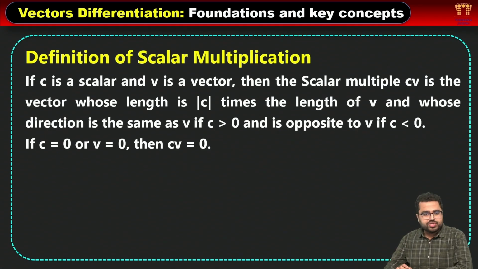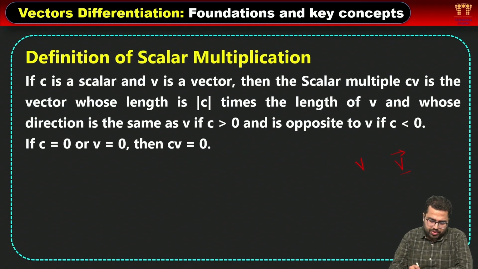Next I'll define scalar multiplication. Generally a vector is denoted by a bold-faced letter V, or we can put an arrow above that letter. In this way we can represent a vector. We can also multiply this vector by a scalar quantity. Suppose C is a scalar. If we multiply the vector V with the scalar C, we get a new vector, and this new vector CV has the same direction as the vector V if C is positive.